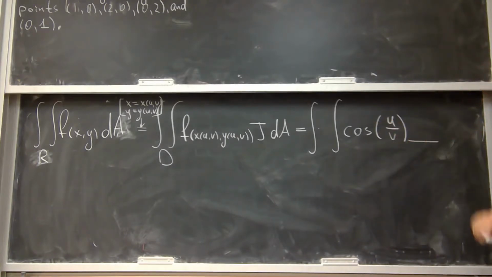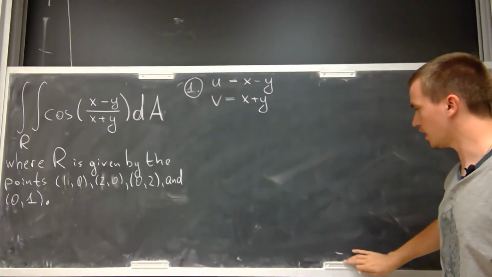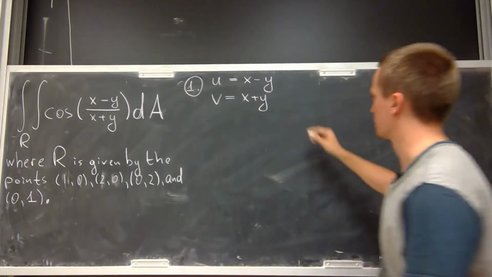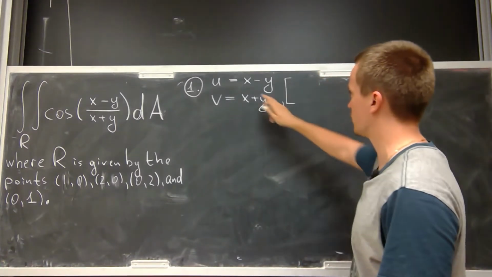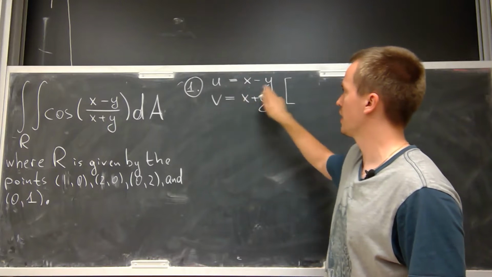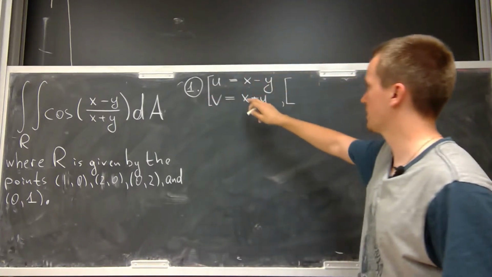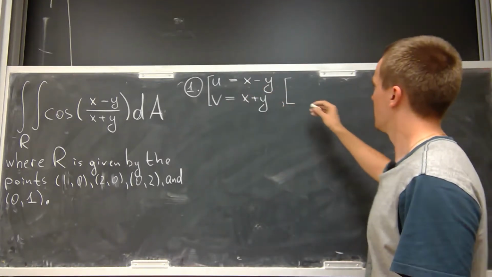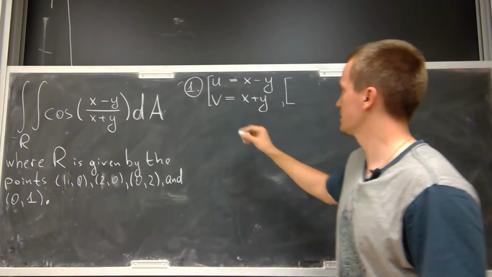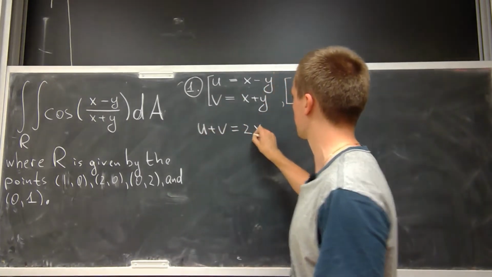So let's do as a second step finding our Jacobian. And you can see so far this problem is not bad. So for the Jacobian, according to the formula, I need to write x in terms of u and v and y in terms of u and v. In other words, by having this system, I want to solve for x and y. If I add both sides, you will see that u plus v is equal to 2x.